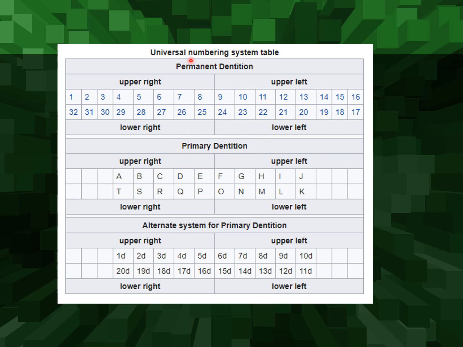Primary dentition in a universal numbering system is marked from capital letter A, upper right second temporary molar, upper right first temporary molar marked B, and then C, D, E, upper left part F, G, H, I, J, lower left part, lower left second temporary molar K, lower left first temporary molar L, lower left canine M, lower left lateral temporary incisor N, lower left central temporary incisor O, and lower right part.